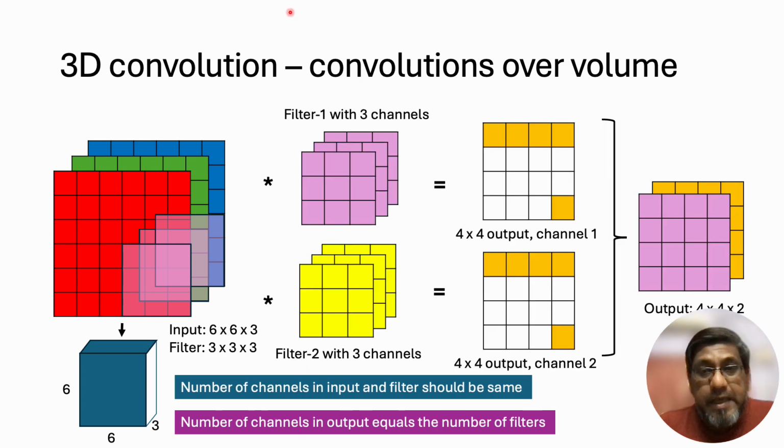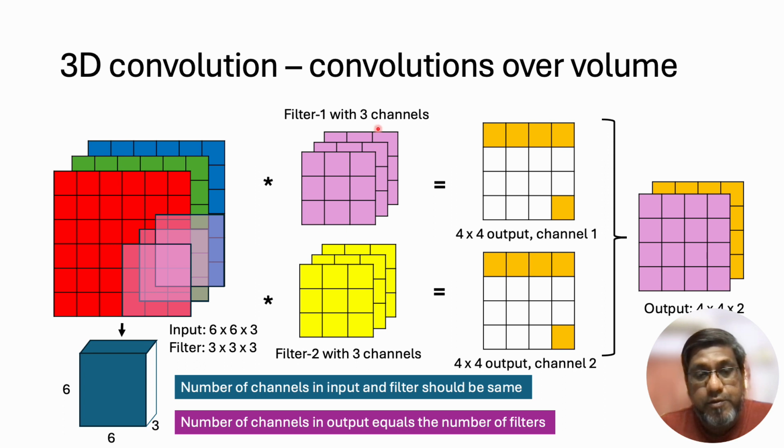Now let us look at an example where we use 2 filters. The first filter will produce a 4 by 4 output, and that constitutes channel 1 of the output. The input image is convolved with one particular filter whose dimensions are 3 by 3, and it has 3 channels.